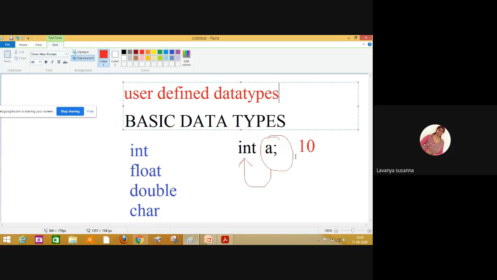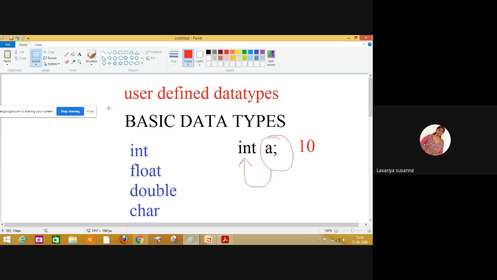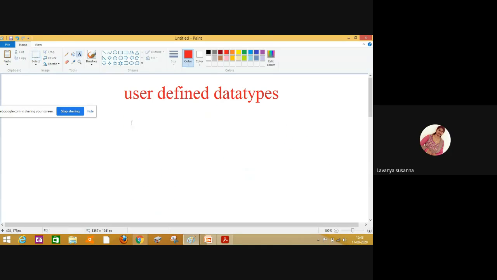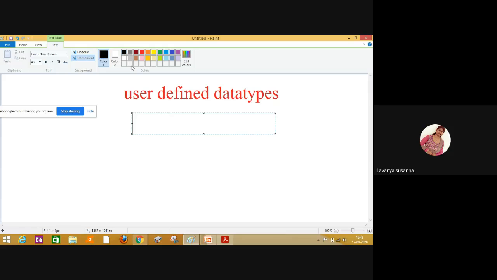What are the examples of user-defined data types? Structure, union, enumeration. We have already studied these. These are user-defined data types.